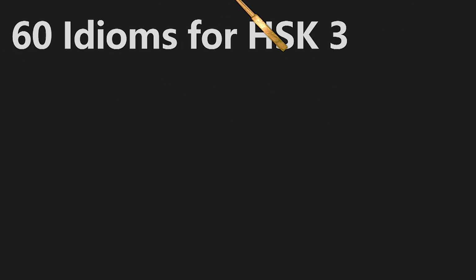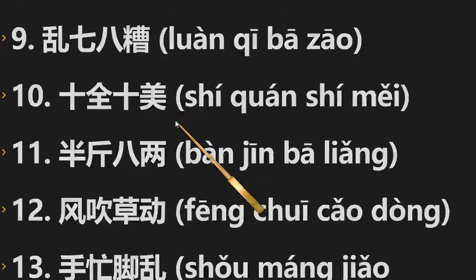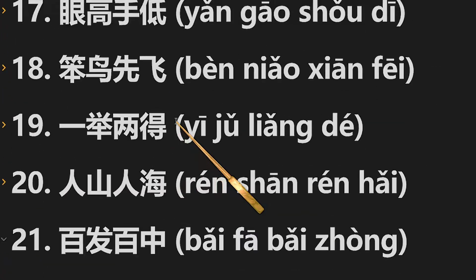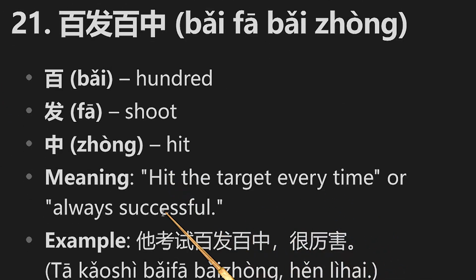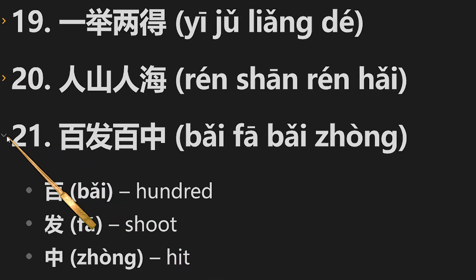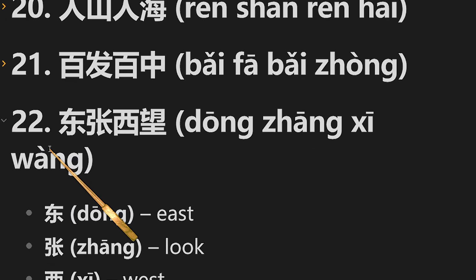And let's learn one new idiom for today. Before we learned 百发百中, hit the target every time or always successful. Today we learn a new one. 东张西望.